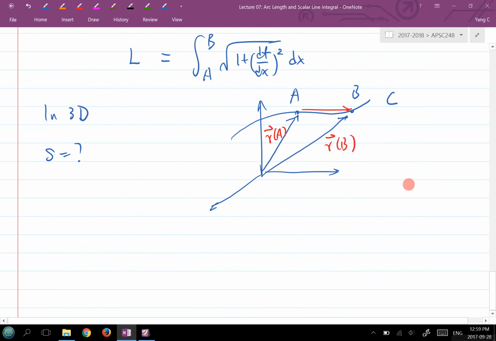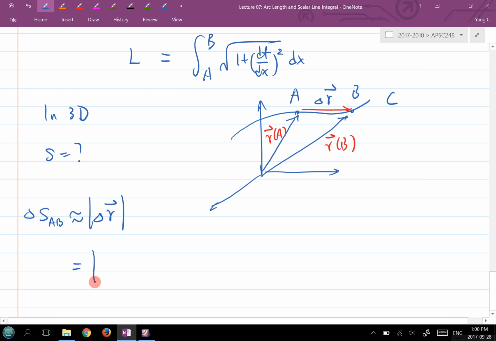If I use the vector AB, let's call this delta R, as a representation of this displacement, then the S, or let's call it delta S right here, is approximately the length of delta R.